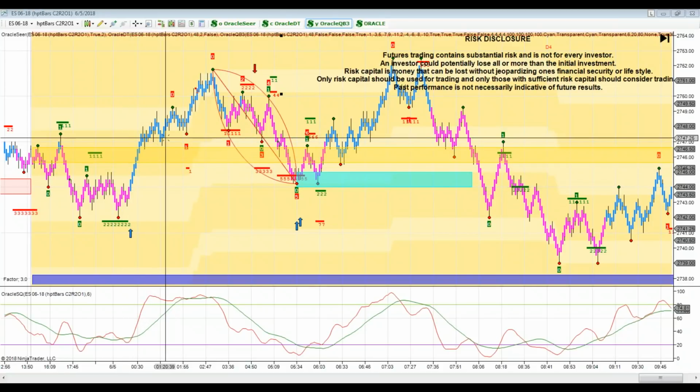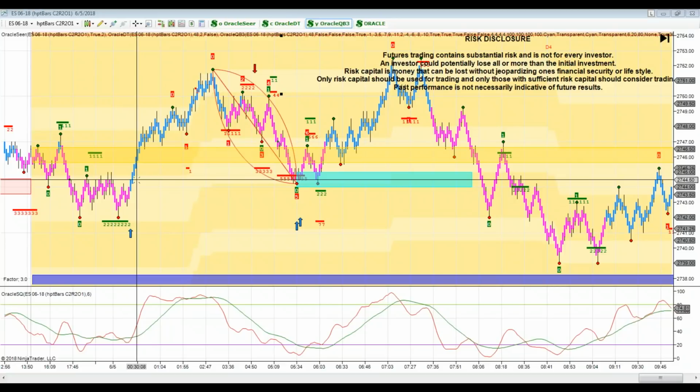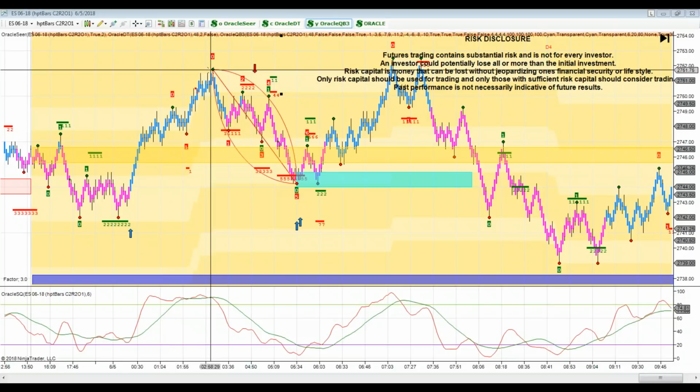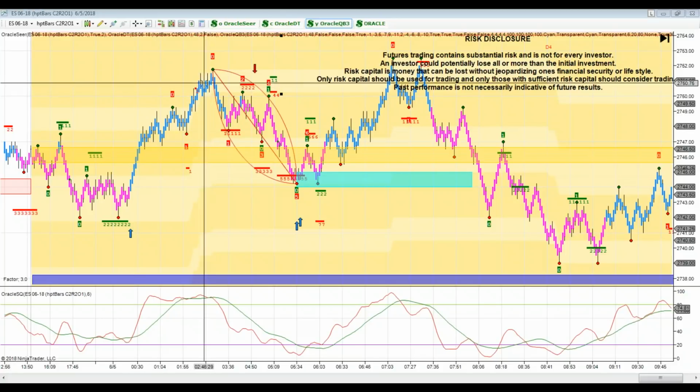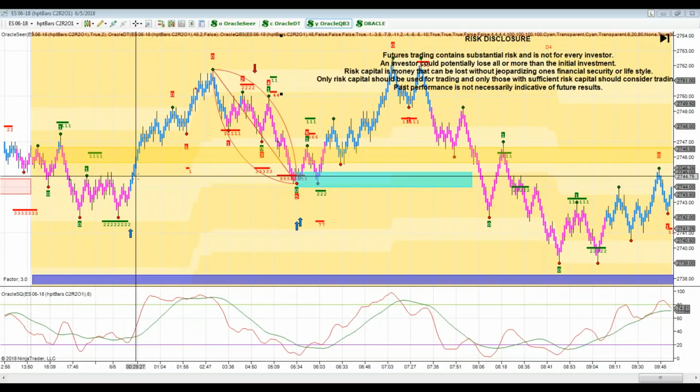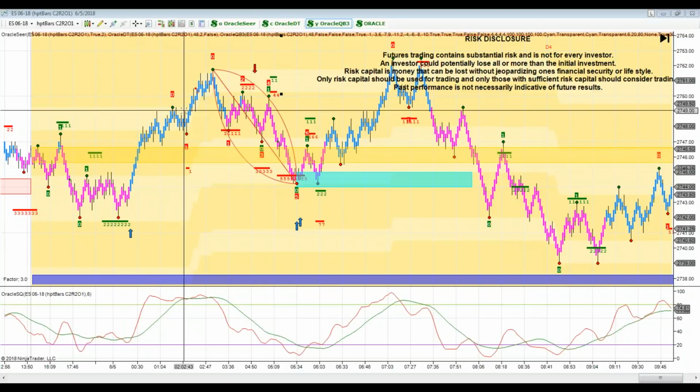You can see under this circumstance, the entry was right around 2745, and it moved all the way up to the 2751.75 level. That's about 6 handles at about $50 a handle on a contract. So that's not a bad move if you held it anywhere up into this area. And again, this is a good example of a Wave 2 entry that did not move in a harmonic manner. In other words, we weren't able to complete the progression.